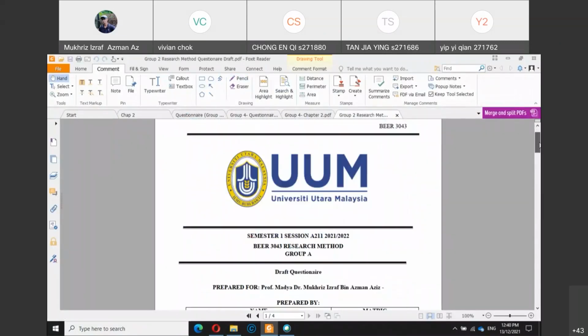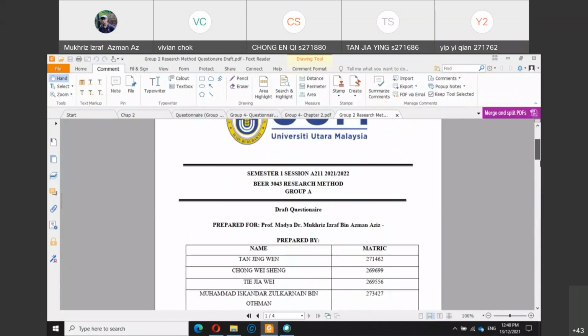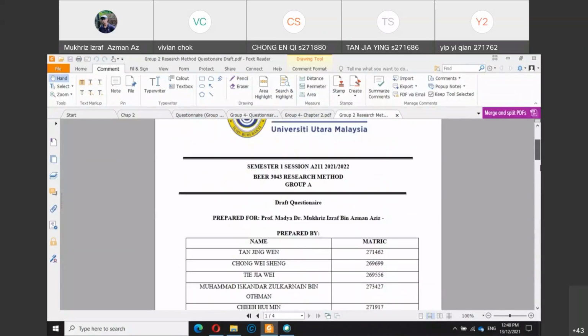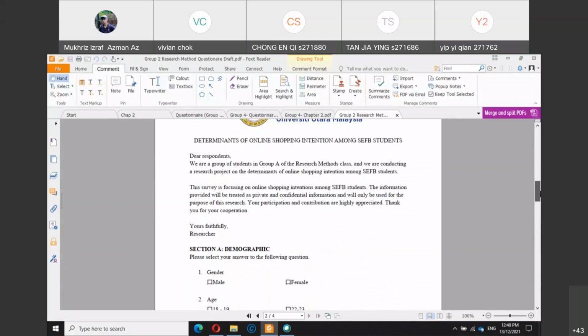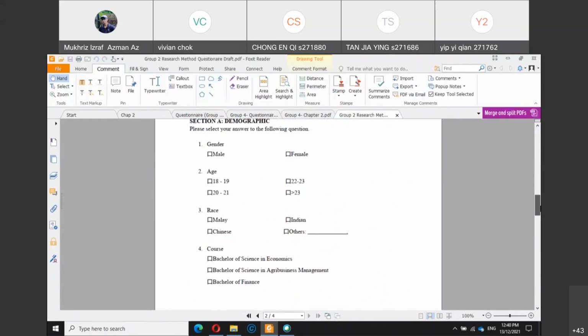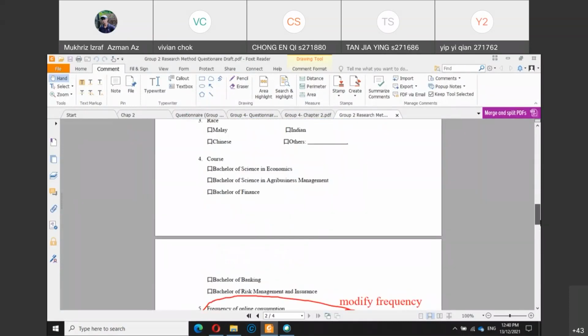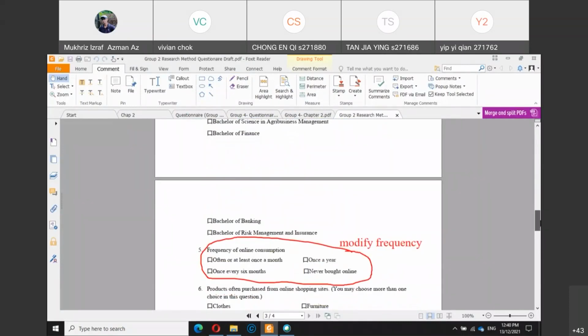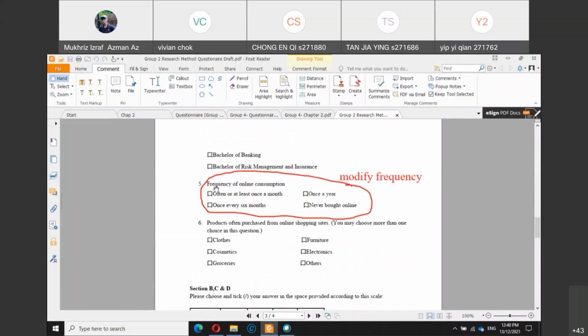Group 5. This is about online shopping intention, similar as well, but this one is among SAB. I put here modify frequency: frequency of online consumption. Once a month, suddenly once every 6 months, never bought online.